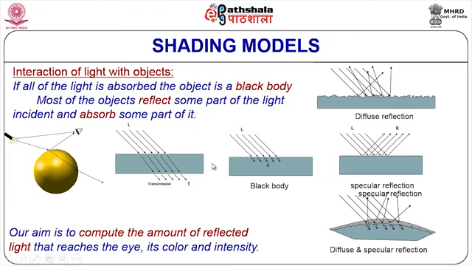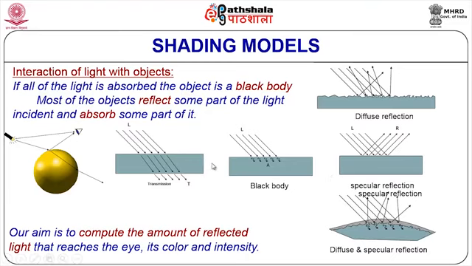Unlike that, we have another kind of object where the surface is imagined to be very rough, made up of a very rough textured kind of surface. When light is incident, some light is absorbed, and some light is reflected in multiple directions. That is called diffuse reflection. A part of the light is absorbed and some part of the light gets reflected in all directions equally.